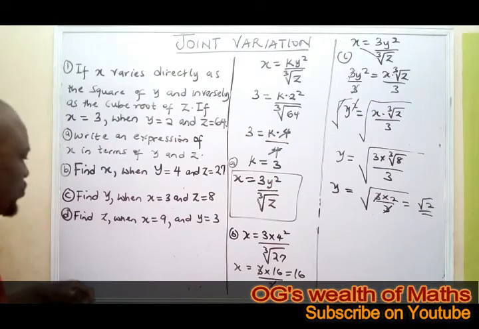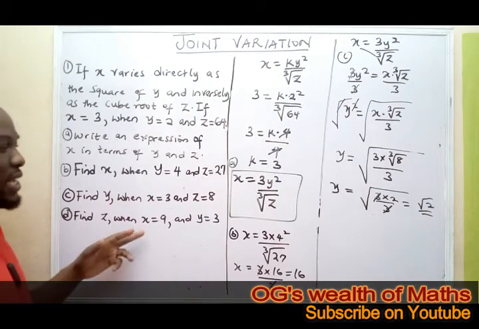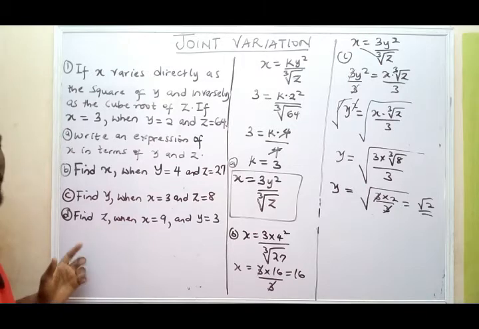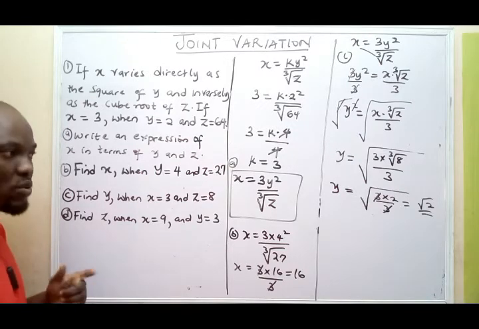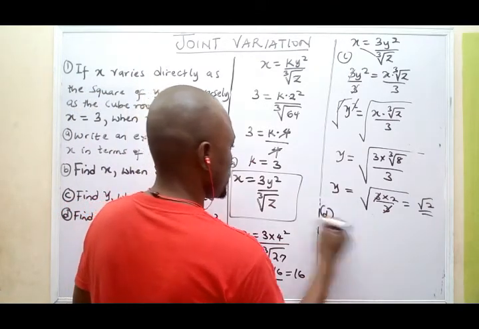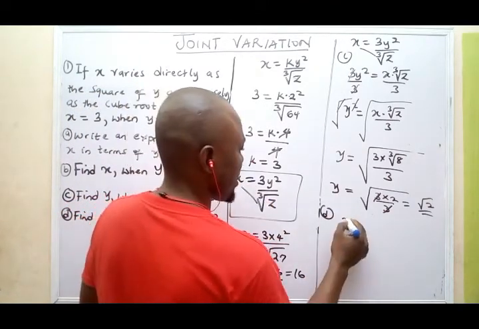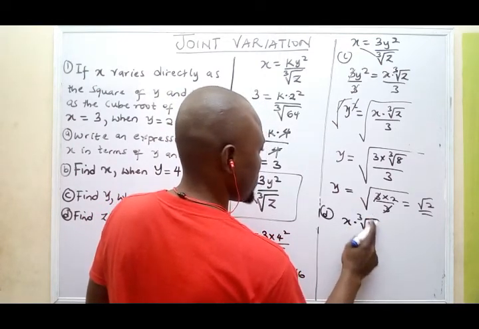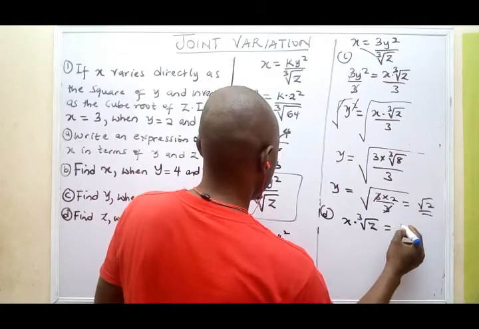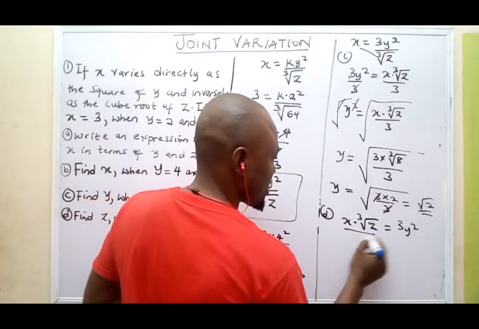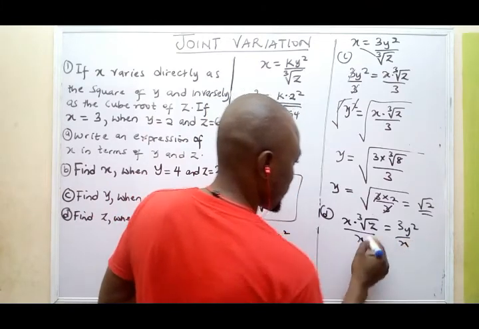Now the d part of it says find z when x is 9 and y is 3. So we need to express z in terms of x and y. I'll cross multiply, so I have x times the cube root of z equals 3y squared. The next thing to do is to divide both sides by x, so x cancels x.